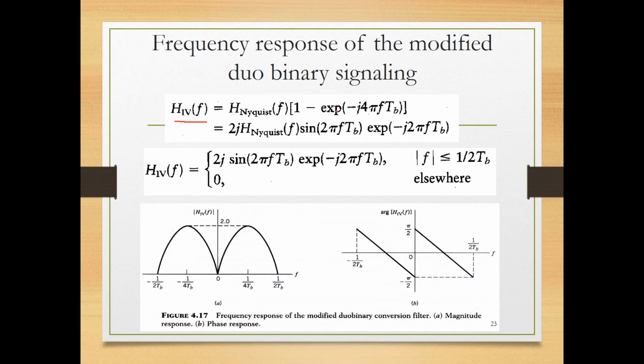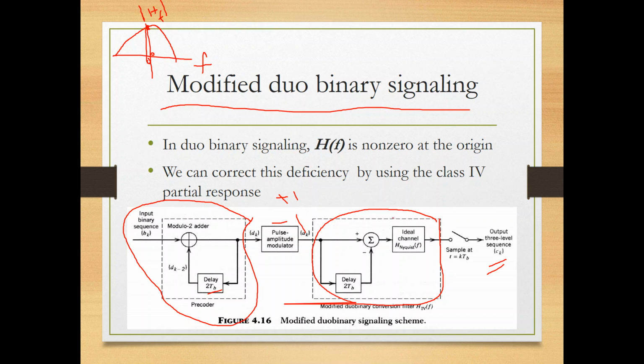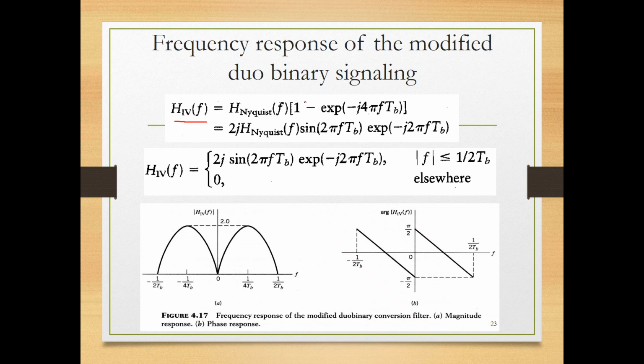Anybody can tell me from where this exponential came? From the block diagram. How did I know that there is an exponential from the block diagram? In the formula here I see 1, and here I see the exponential. From where does 1 come, and from where does the exponential come?